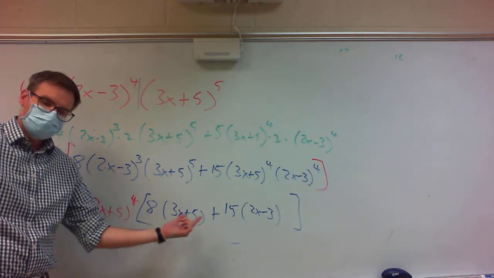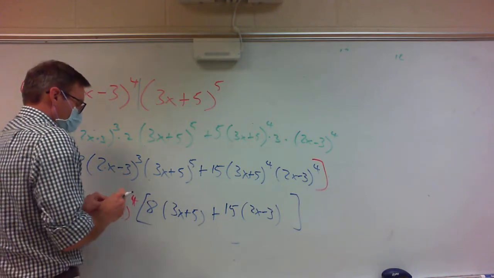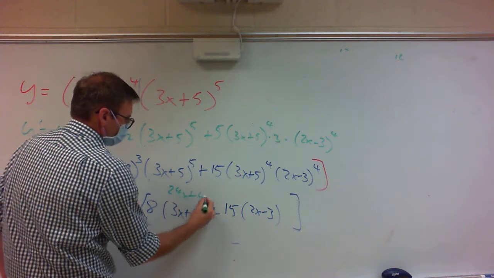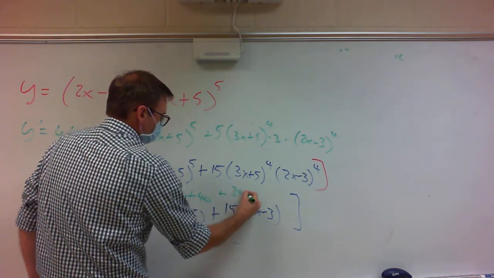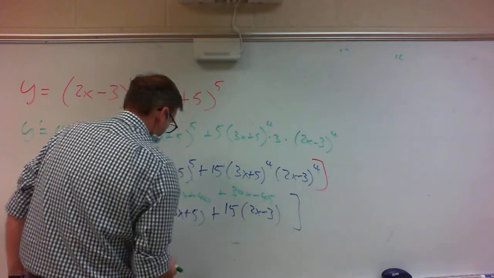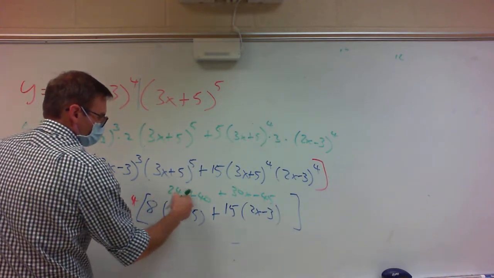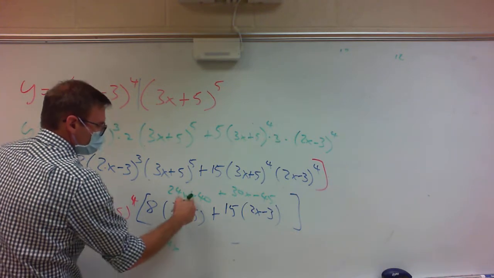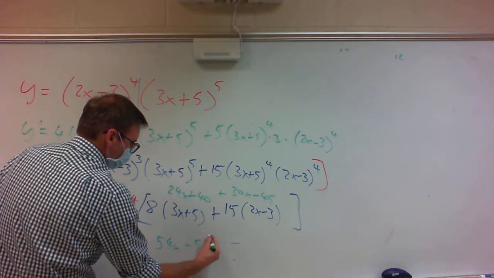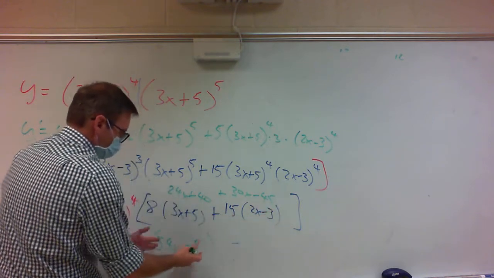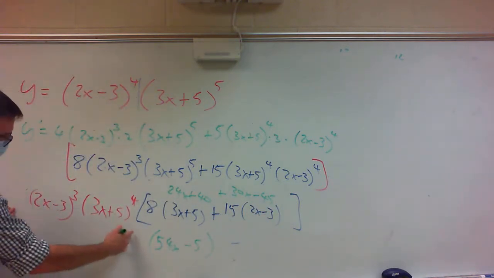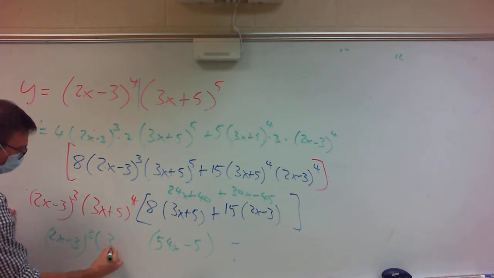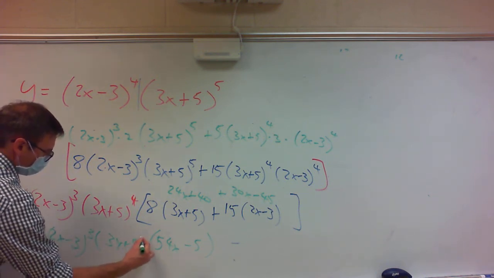And now I've got to clean this up. So this gives me 24x plus 40 plus 30x minus 45. So 24x and 30 is 54x minus 5. So all of that cleaned up to this, and I just have the rest of this, which is a 2x minus 3 cubed and a 3x plus 5 to the fourth.